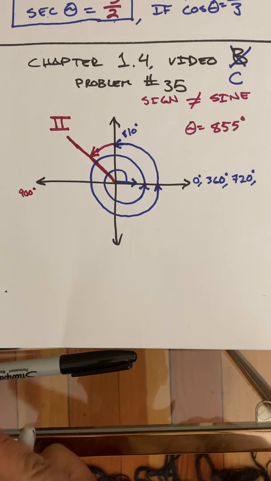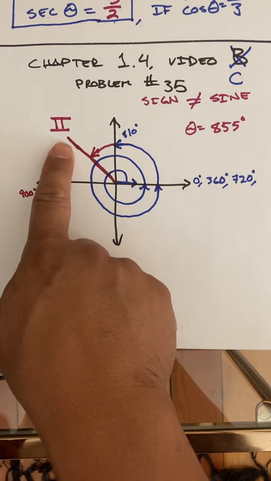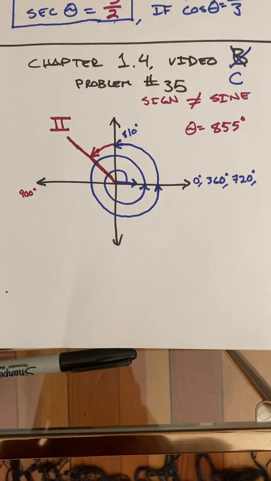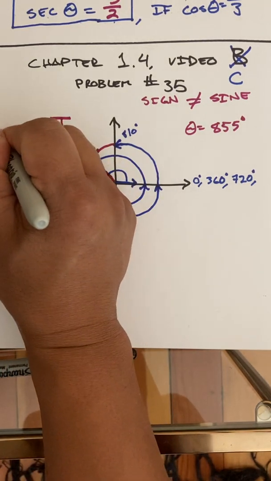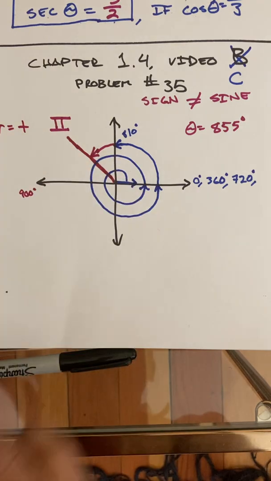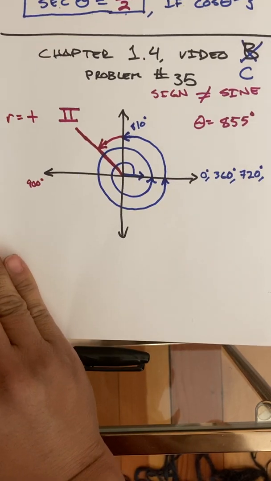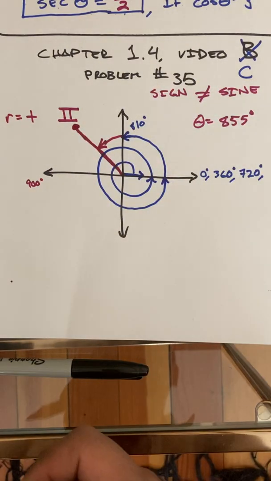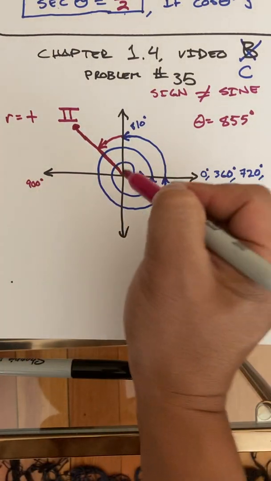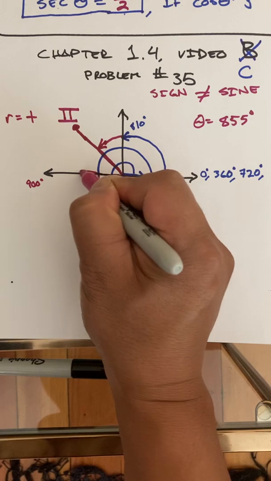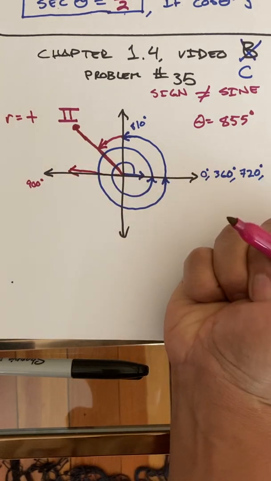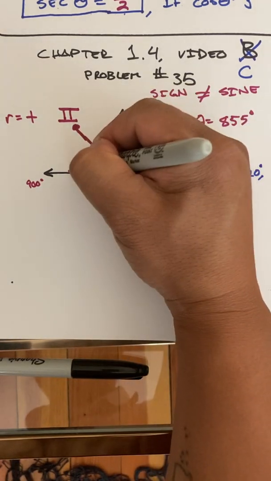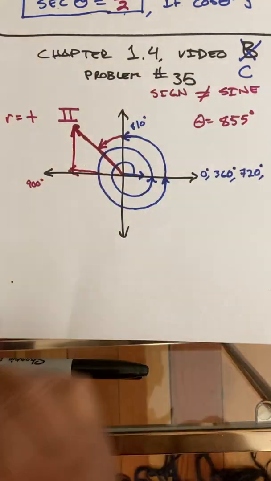All right, so now that we are in quadrant 2, we know a couple of things. r is always positive. Okay, and the coordinates of this point have to go in the negative direction of x and then a positive direction for y.